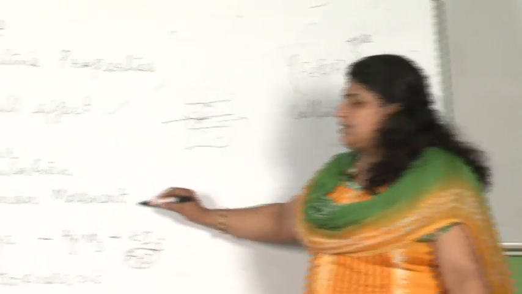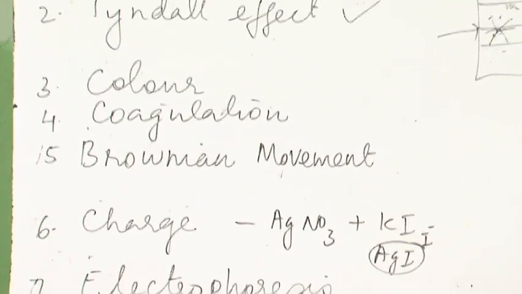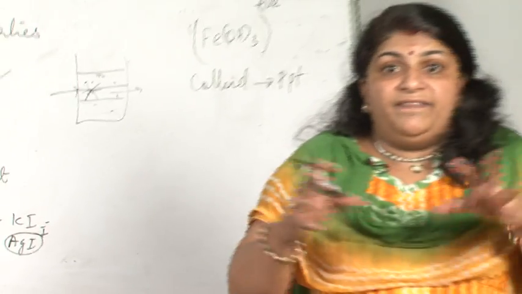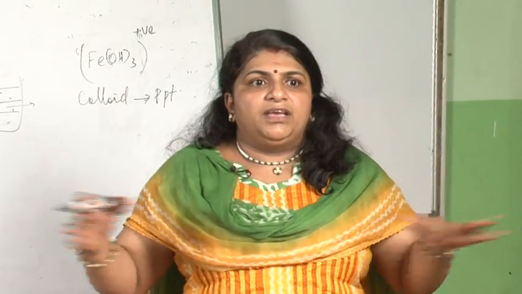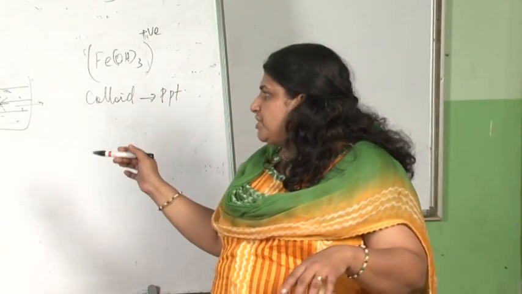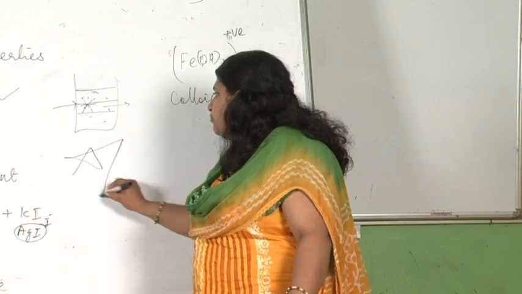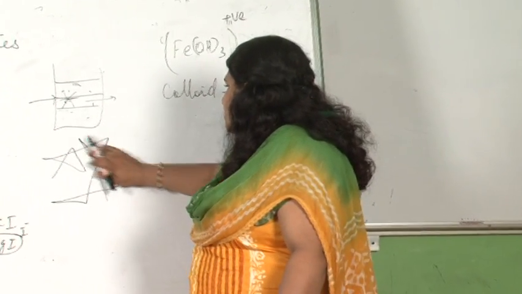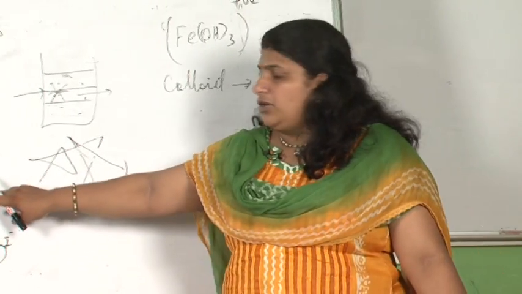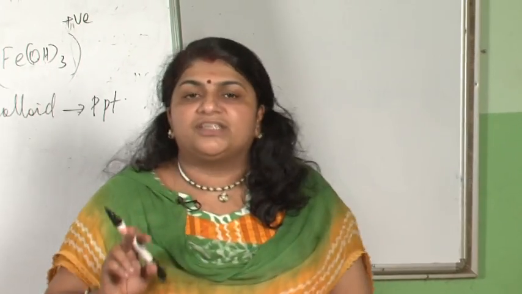Next property is Brownian movement. When you watch any colloid under a microscope, they are always moving restlessly, in a zigzag motion. So, the zigzag motion of colloidal particles is termed Brownian movement. Brownian movement makes the colloid stable.